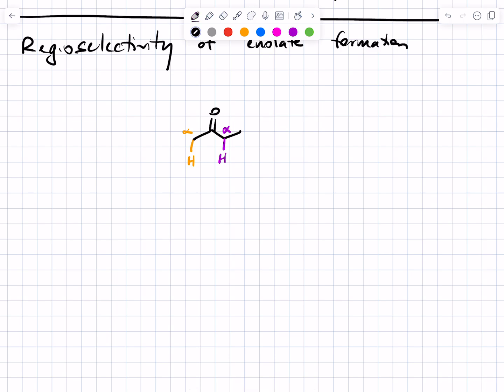And if we remove purple alpha proton, we're going to get the purple enolate. I'm going to keep drawing the enolate like this, but you are totally welcome to draw the enolate in its other resonance structure form, which has the negative charge on the oxygen.